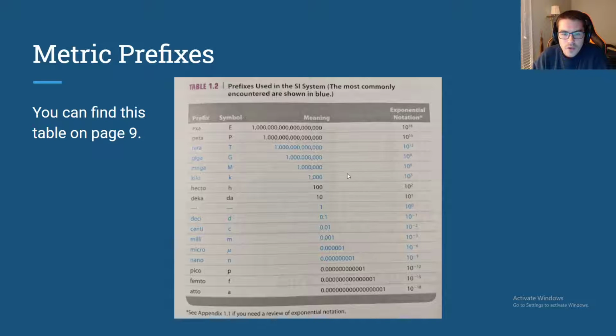So probably one that you recognize here is kilo, K-I-L-O, with the symbol K. A kilometer would be 1,000 meters. So 1 kilometer is 1,000 meters. And this kind of keeps going up the list. There's lots of these prefixes. 1 million meters is a megameter, 1 billion is giga, and 1 trillion is tera.